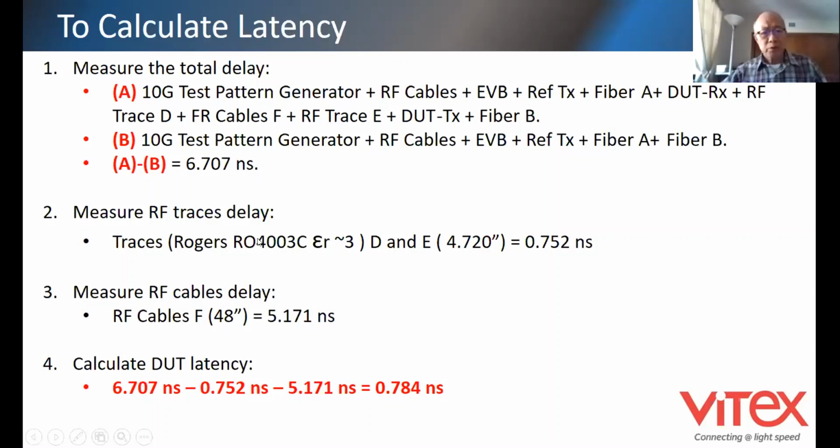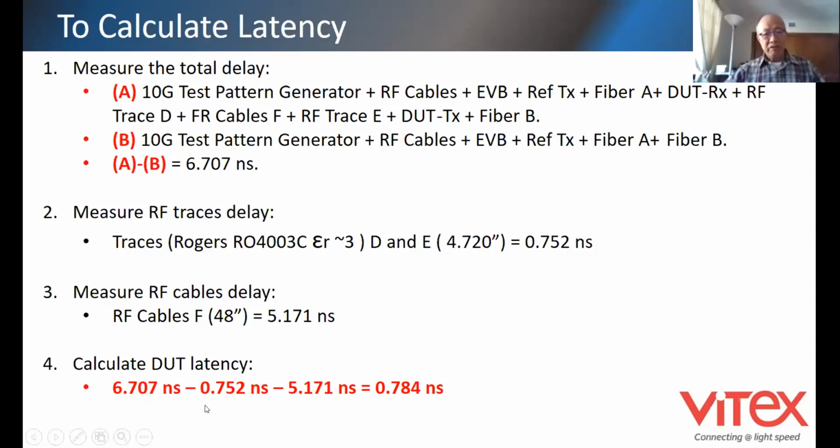So some of you can just use your standard calculation to calculate the delay, which ends up, for the length of 4.72, being about 0.752 nanosecond delay. This can be measured or can be calculated, pretty close. And the other one is the cable delay, right? So we just measured it, it's 5.171 nanoseconds.